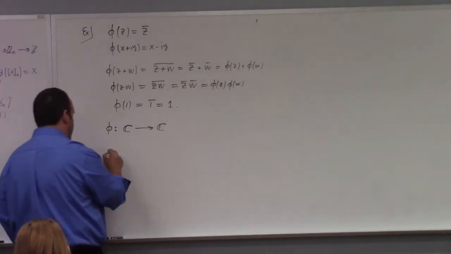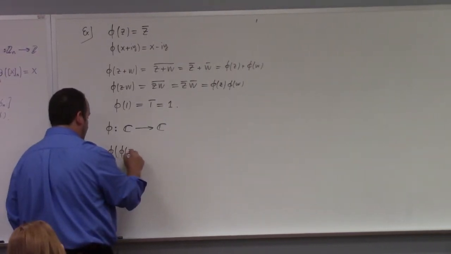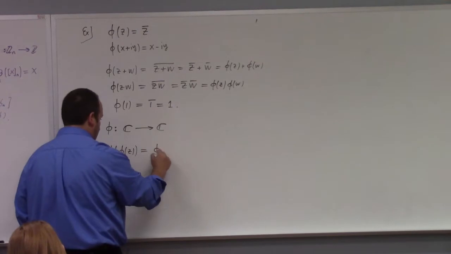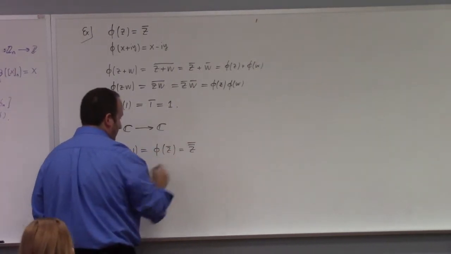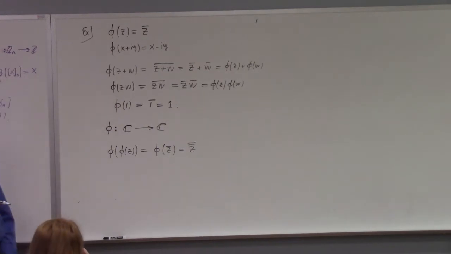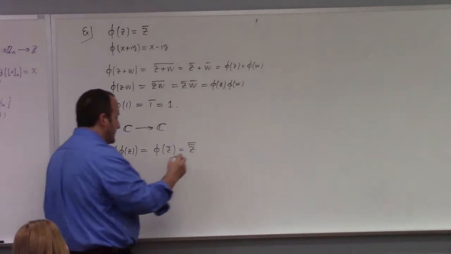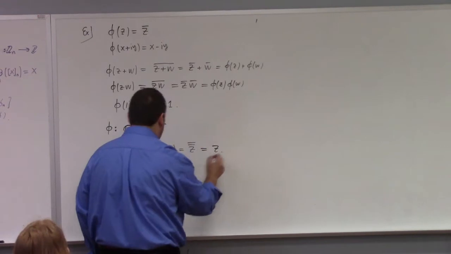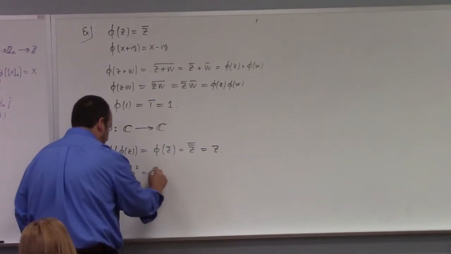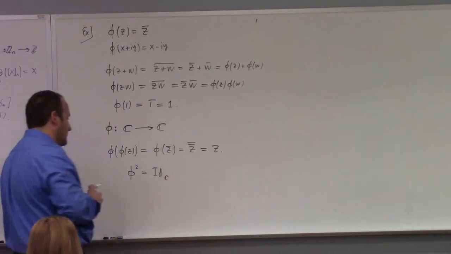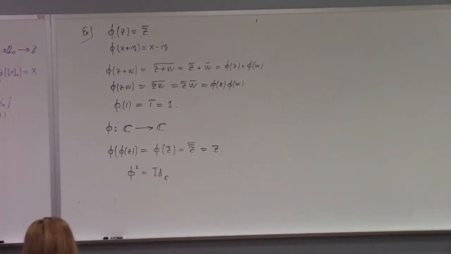If we calculate phi of phi of z, what do we get? What's the conjugate of the conjugate? Well, you can easily verify that that's just z again, right? So we see that phi squared is just the identity on the complexes, which of course shows you that phi is what?